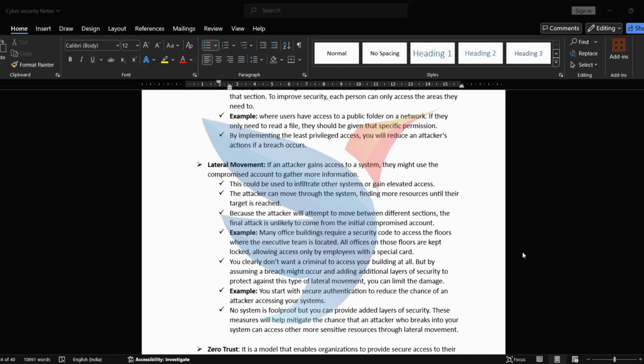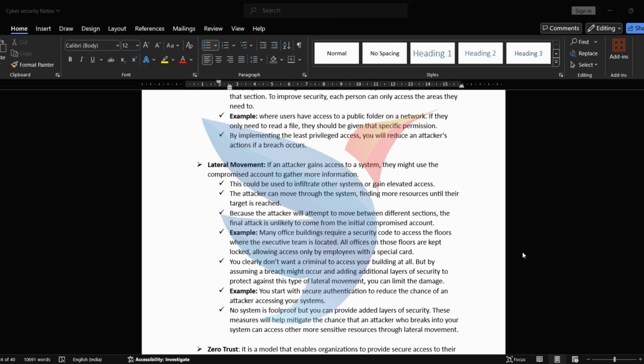The attacker can move through the systems, finding more resources until their target is reached, because the attacker will attempt to move between different sections. The final attack is unlikely to come from the initial compromised account.